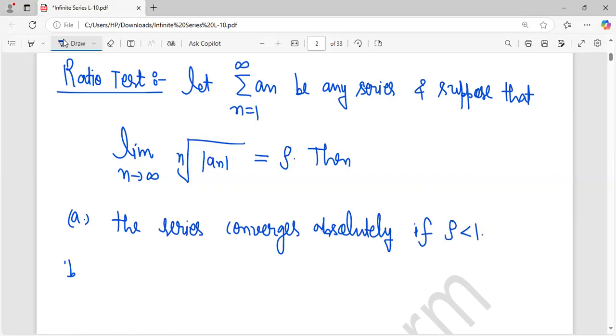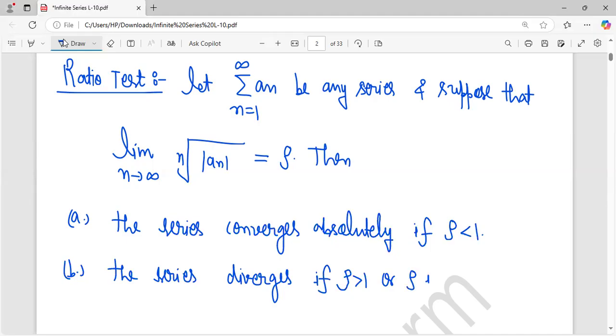(b) The series diverges if the rho value is greater than 1 or rho is infinite.